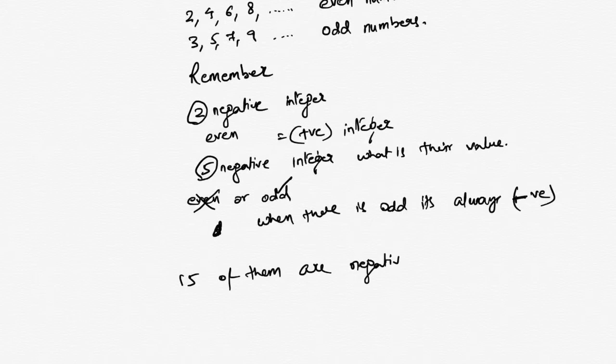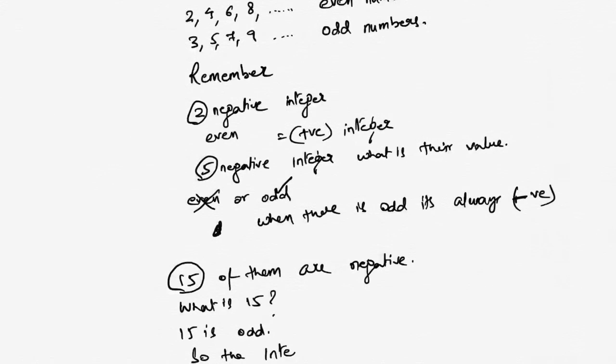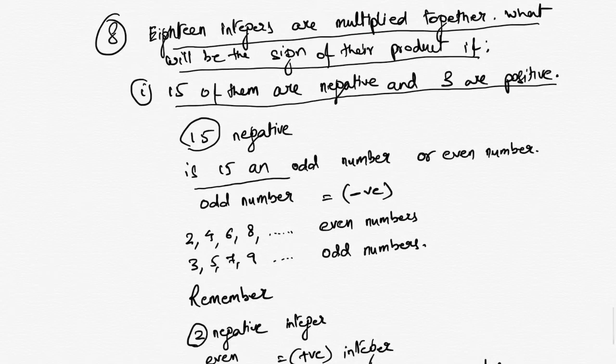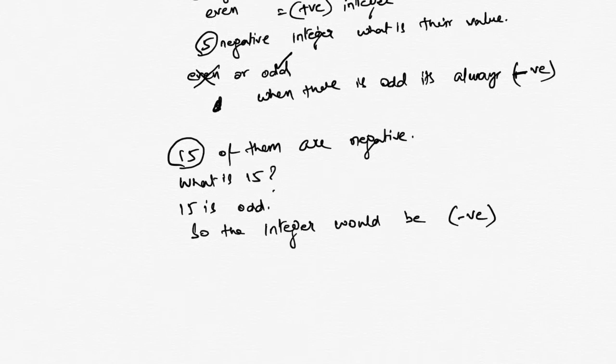Now what is 15? Fifteen is odd, so the integer would be a negative integer. Okay, and how many are positive? 3 are positive.